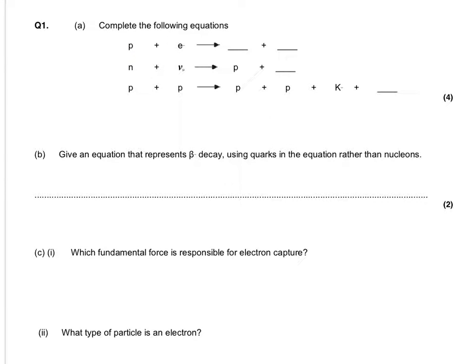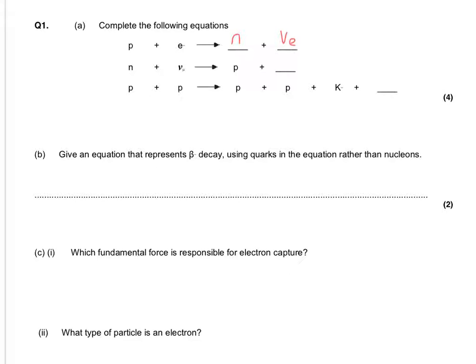There's 1 baryon here, so there must be 1 baryon here, and there's 1 electron lepton, so there must be 1 electron lepton on the other side. To have a baryon, we're going to have a neutron, and to have an electron type lepton, we're going to have an electron type neutrino. The overall charge is neutral, so that works. You've got 1 baryon, so that works, and 1 electron type lepton, so that works also.